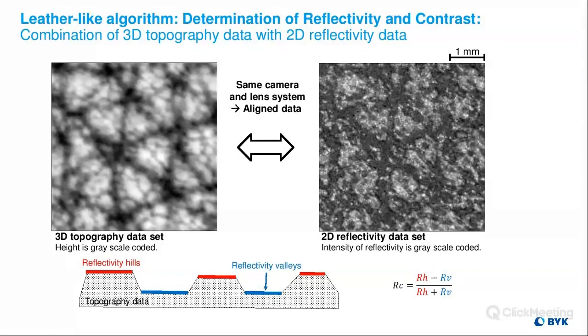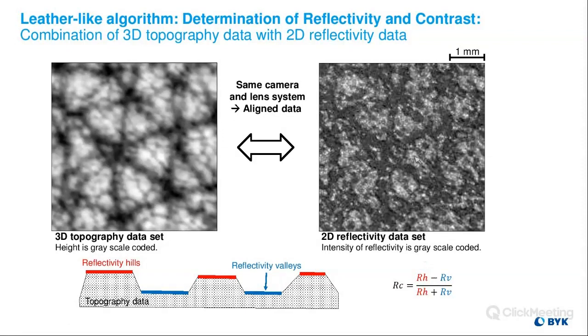So the reflectivity contrast is taken by taking the reflectivity of the hills, the highest points, and the reflectivity of the lowest points, the valleys, and plugging them into this equation. And this can be done using this device because the same camera system is used for both the 2D reflectivity measurement and the 3D topography measurement.